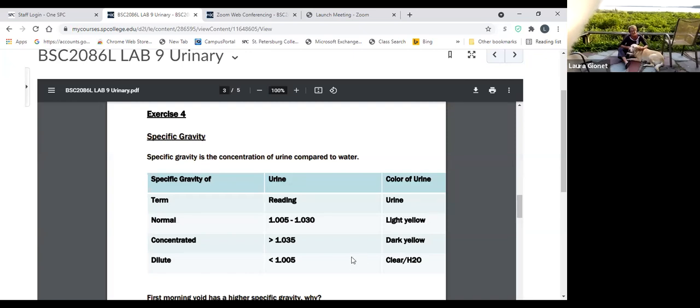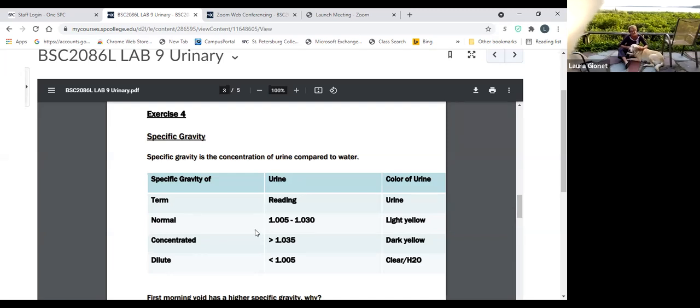If we have concentrated urine, which is normal in the morning, you'll find with your first morning void that the urine is darker in color, because during the night you secrete a lot of antidiuretic hormone to reabsorb water when you're forming urine, because you're not taking in any more fluids, and you need to maintain appropriate blood volume and blood pressure.